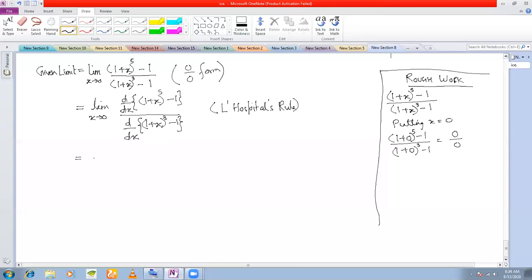Next step, the differentiation. Now ddx of 1 plus x to the power of 5 minus 1 will be what? First you differentiate the power, into the ddx of 1 plus x, which is 1 actually, and minus ddx of 0, which is 0.